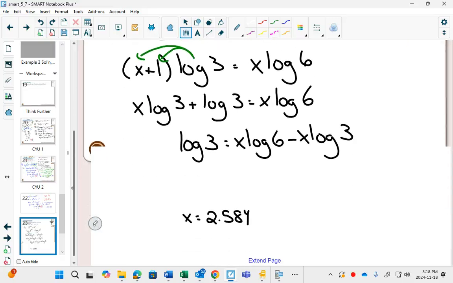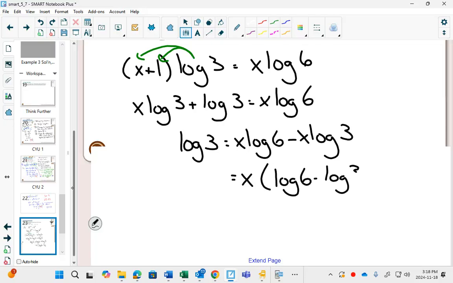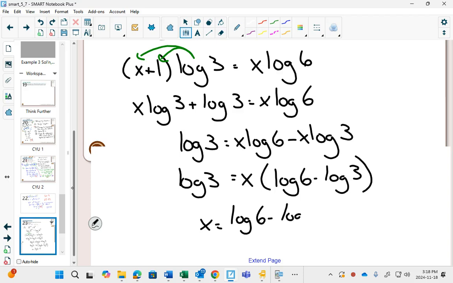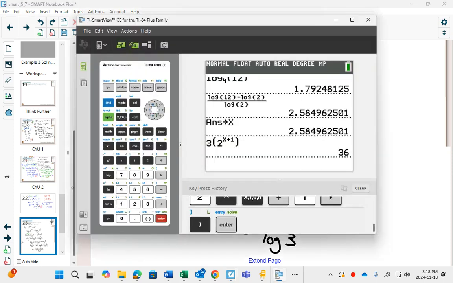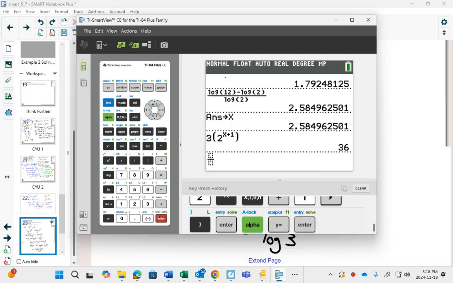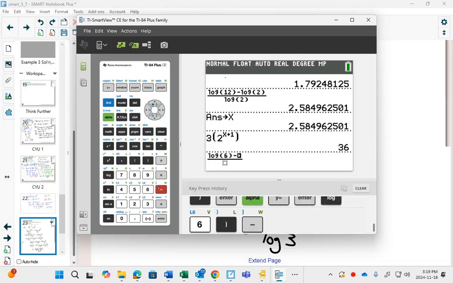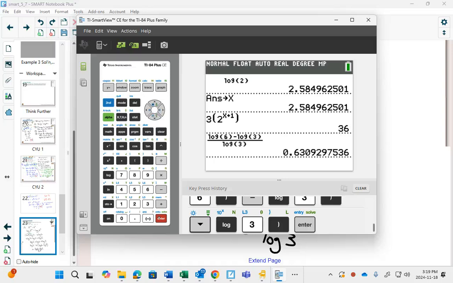And when you have x's in more than one term, we factor it out. Type it into our calculator. 0.631.